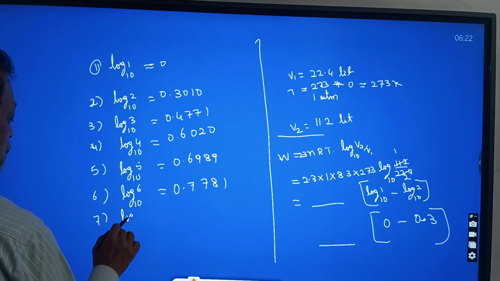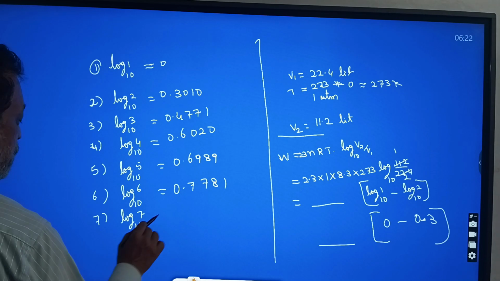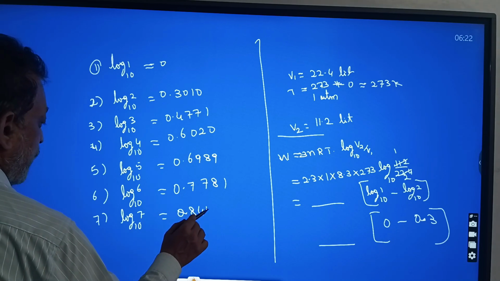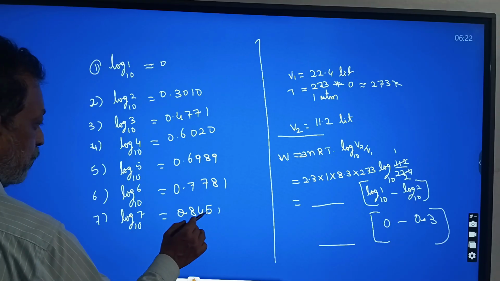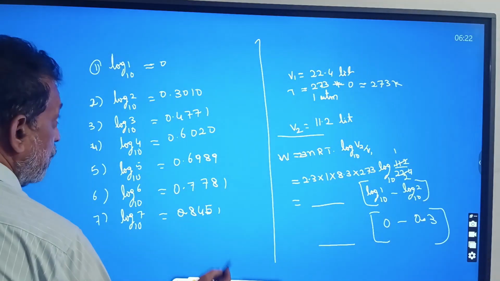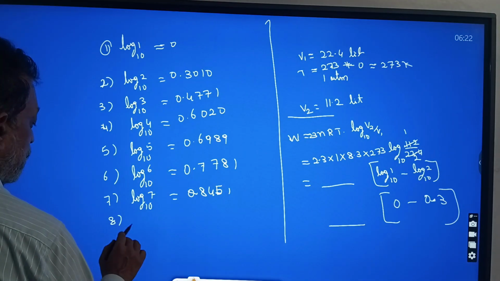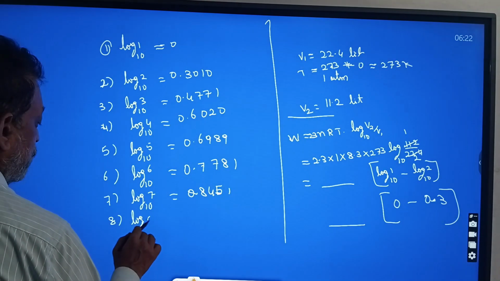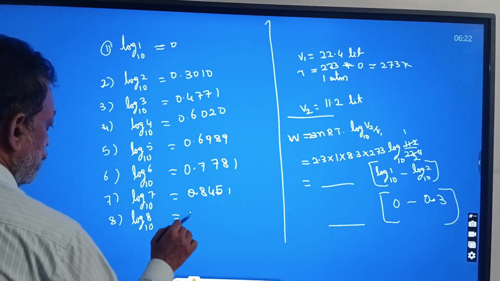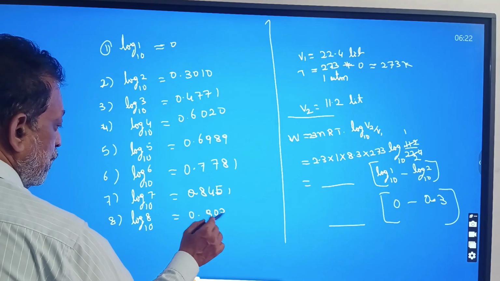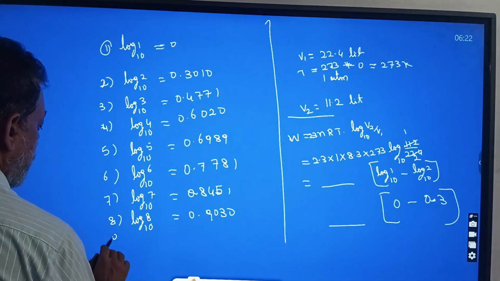Log 7 to the base 10 is equal to 0.8451. Next, log 8 to the base 10 is equal to 0.90309.